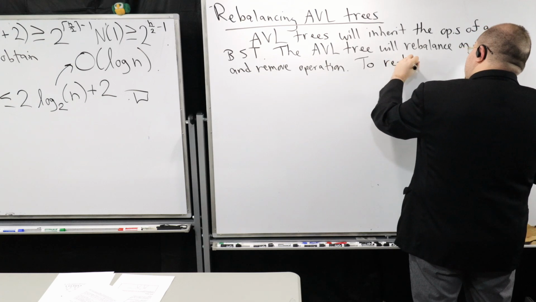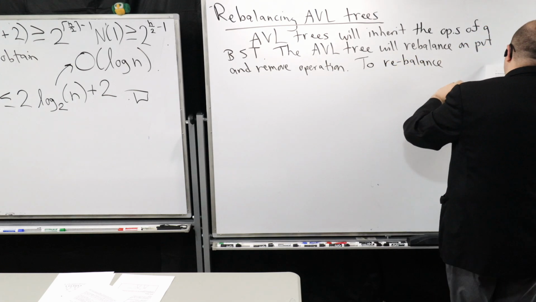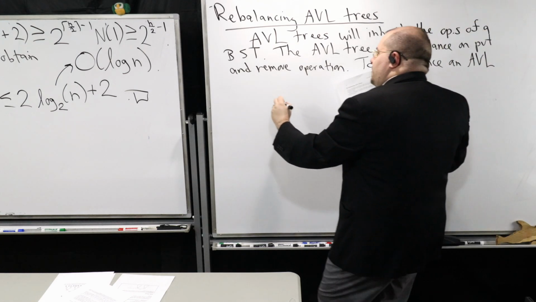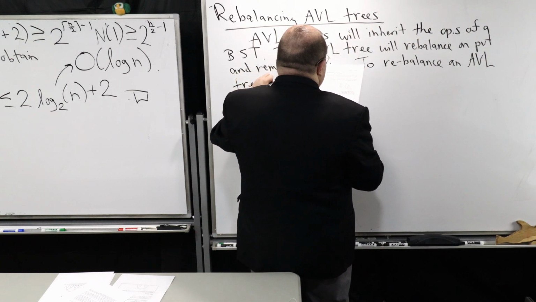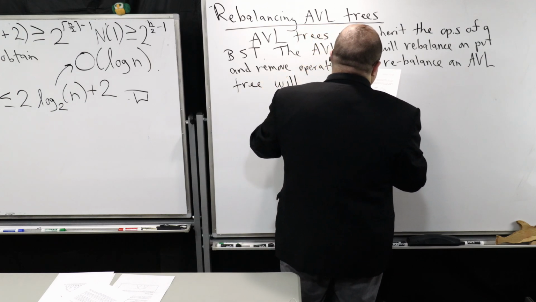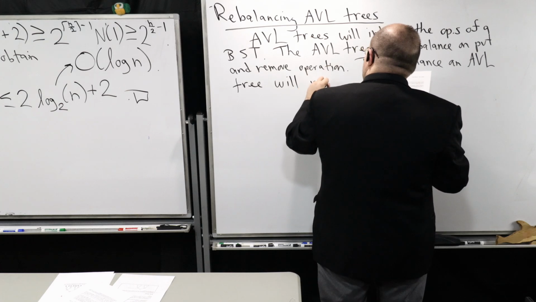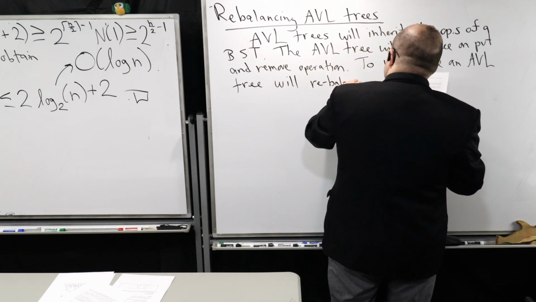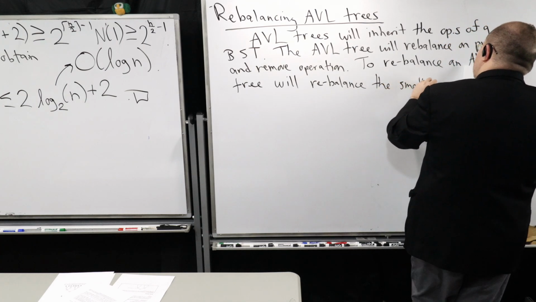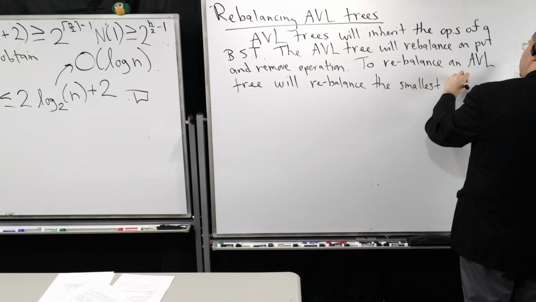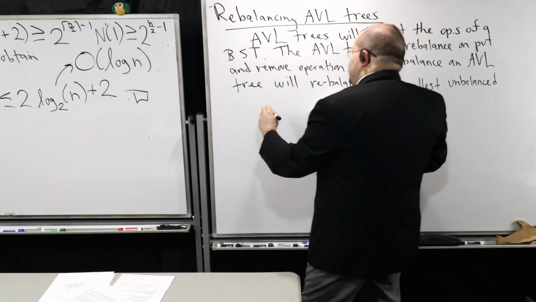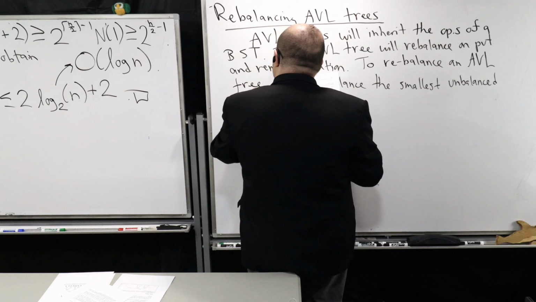To rebalance an AVL tree, we will rebalance the smallest unbalanced subtree.